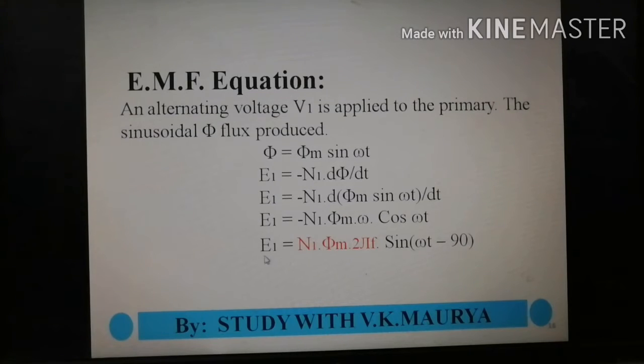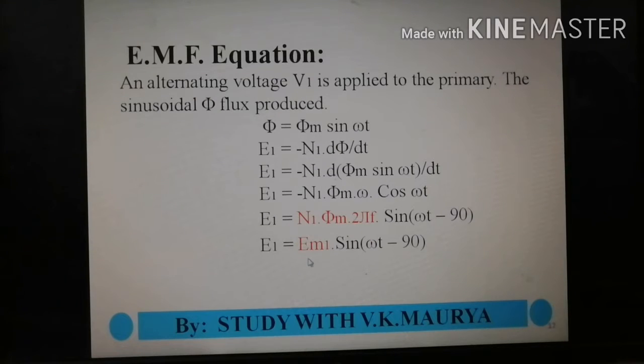It becomes E1 is equal to N1 phi maximum omega, where omega is 2 pi f, into sin of omega t minus 90. This minus sign and cos omega t is converted as sin of omega t minus 90. And this portion is the maximum value. So E1 is equal to EM1, the maximum value, into sin of omega t minus 90.